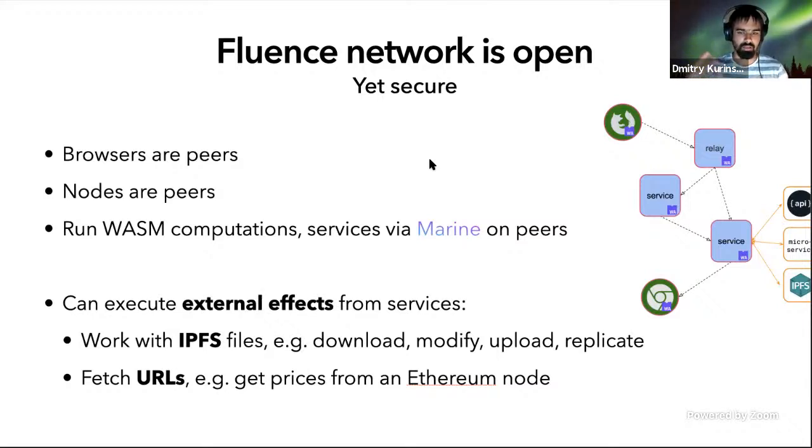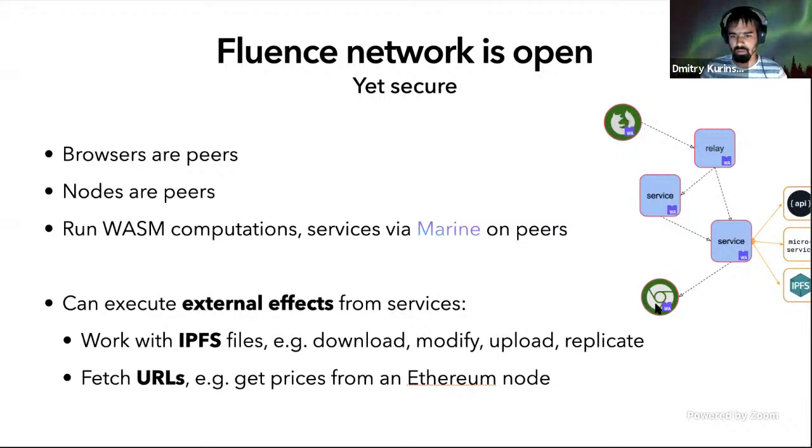They are just parts of Aqua scripts. Nodes are also peers. They are built with Rust and running on some hardware somewhere, and they are capable of running WebAssembly computations bundled within services with the Marine runtime.